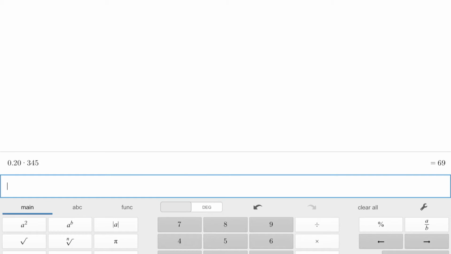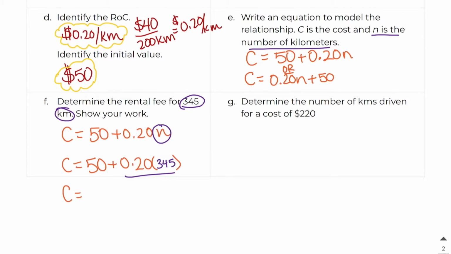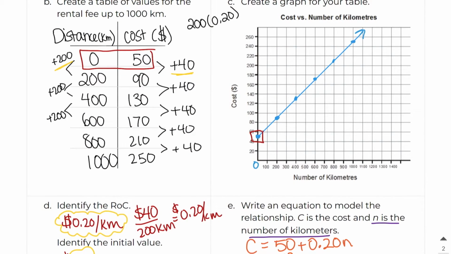And I get $69. So I'm going to write plus 69, but we also have $50 that needs to get brought down. And when I add those two numbers together, I end up getting $119. Let's see if that answer makes sense. So if you look here, we'll go to 345 on our graph right here, and we can see, yep, it's approximately $120, which is very close to $119. So this answer does make sense.